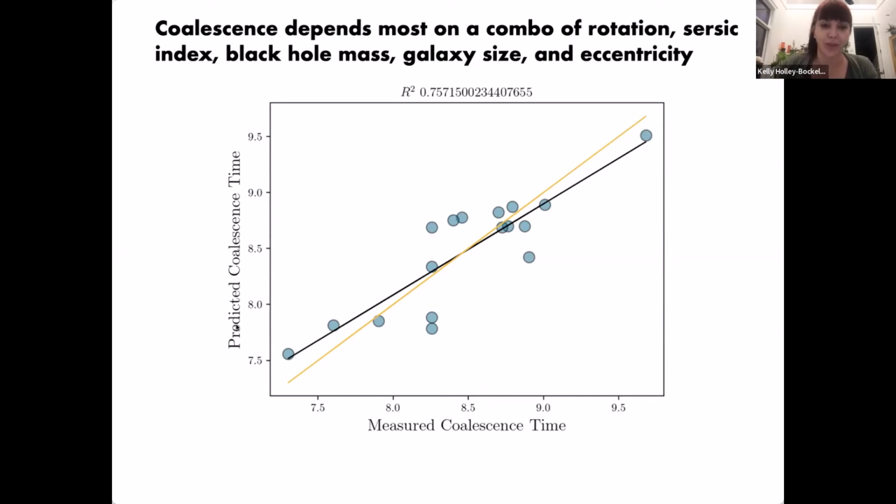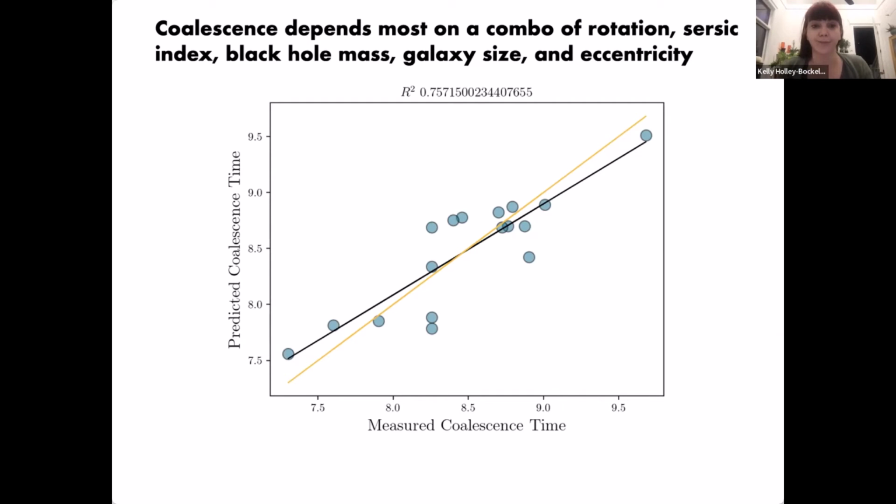And with that prediction, that is the yellow, versus a one-to-one relation, we are able to predict the black hole coalescence time as a function of things that astronomers observe. Things like V over sigma, the rotation, the Sersic index, which maps to density profile, remember, the black hole mass, the eccentricity, as we showed you, was a big component, and the galaxy size.